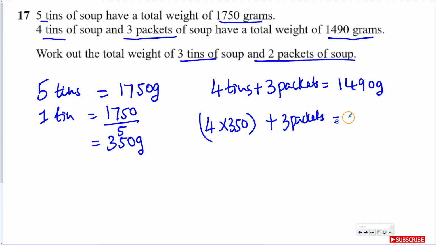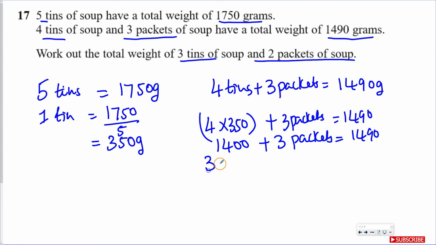And that's going to be equal to 1,490. So this is going to be equal to 1,400 plus the 3 packets. That's going to be equal to 1,490. So therefore the 3 packets, I'll just put P for packets, is going to be equal to 1,490 take away 1,400, which is equal to 90 grams.